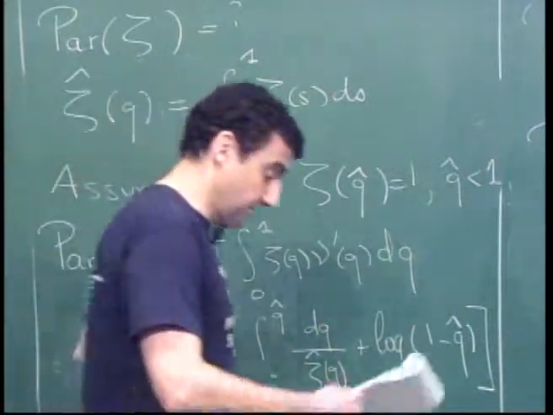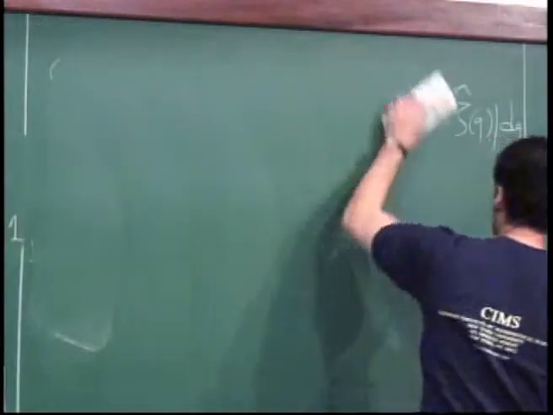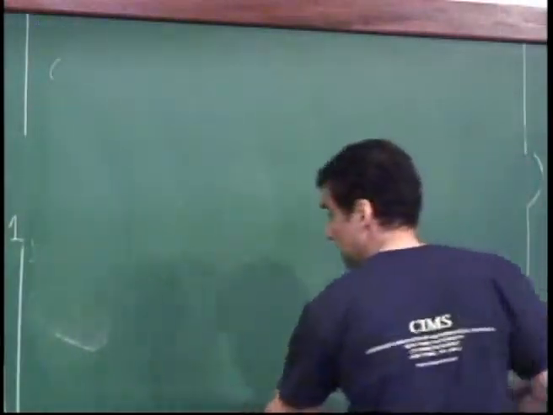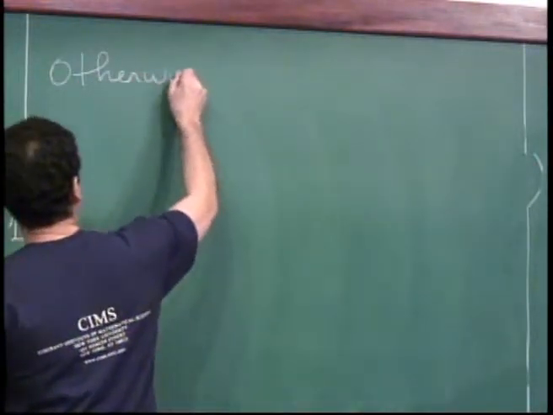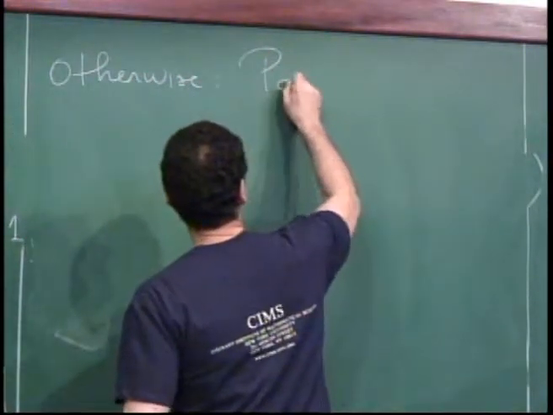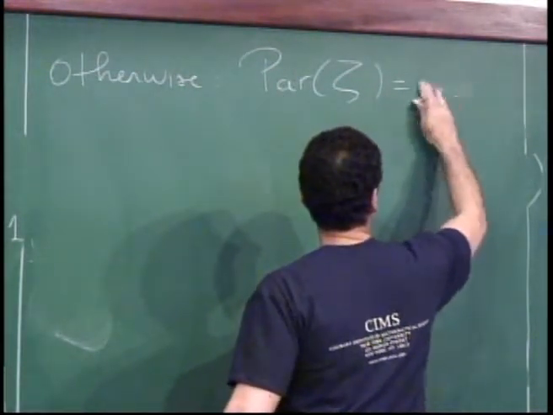Okay, so that's defined when there is such a q hat, and if there is no such q hat, you define the Parisi functional otherwise. You define this Parisi functional to be infinite, to be what?